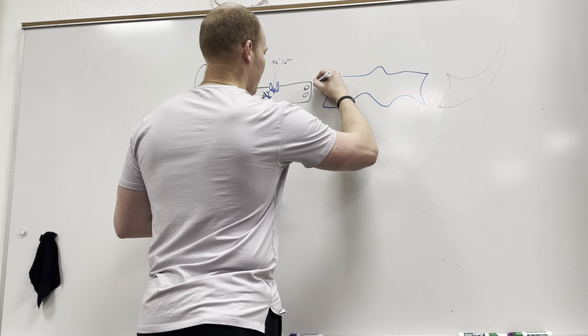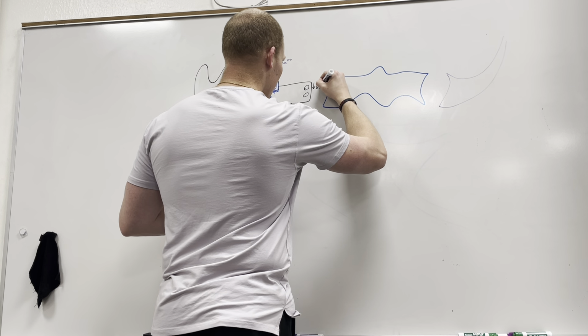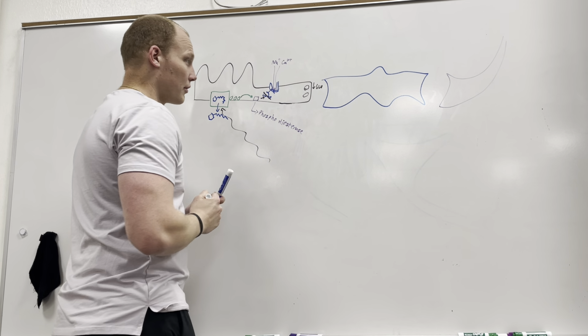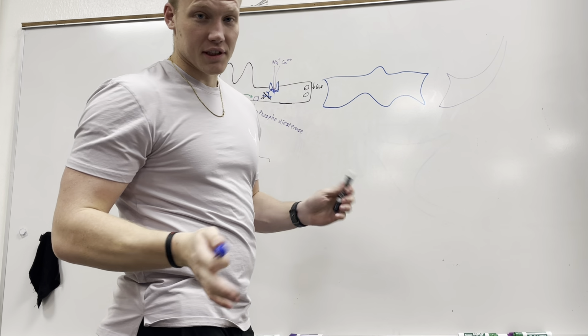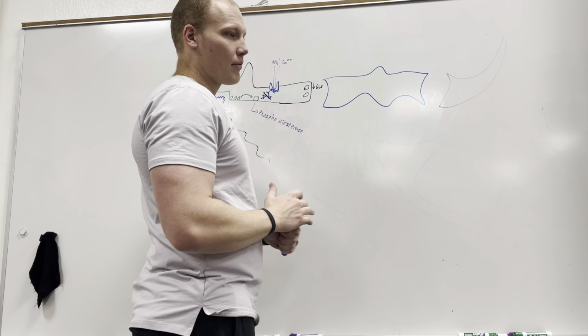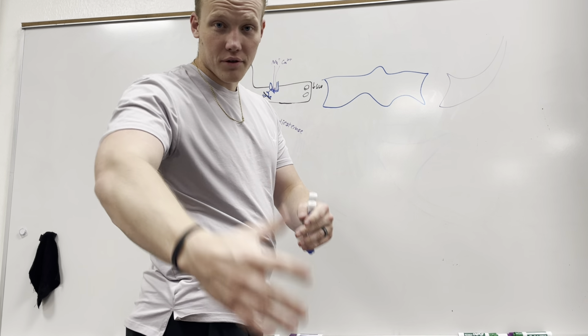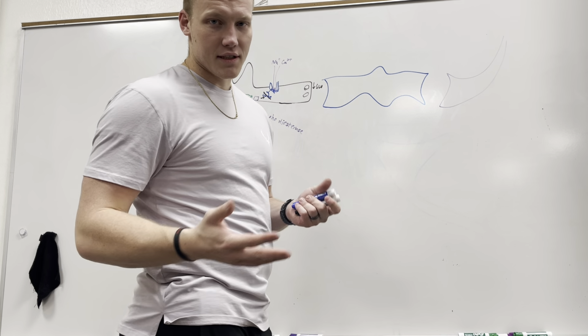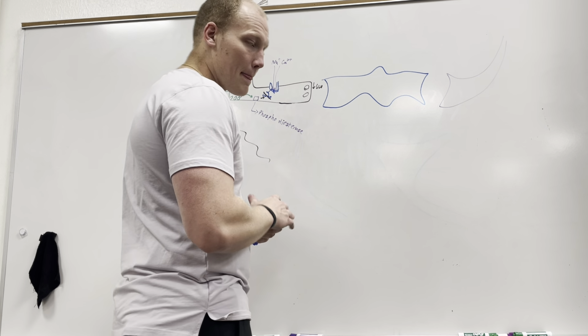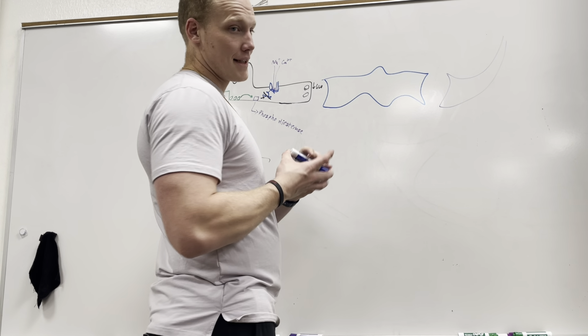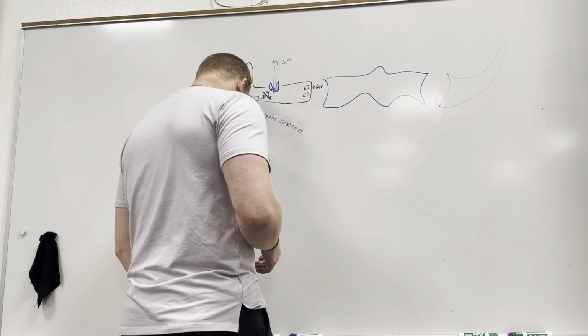So I'm just going to put down arrow GLU, less glutamate. Now that sounds interesting because usually if we want to continue some sort of potential, we want to increase the neurotransmitter in the synapse. But here's the thing.